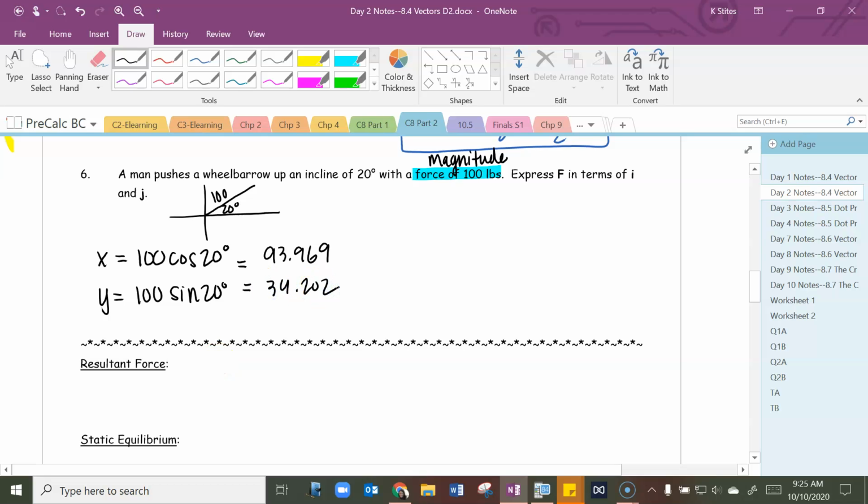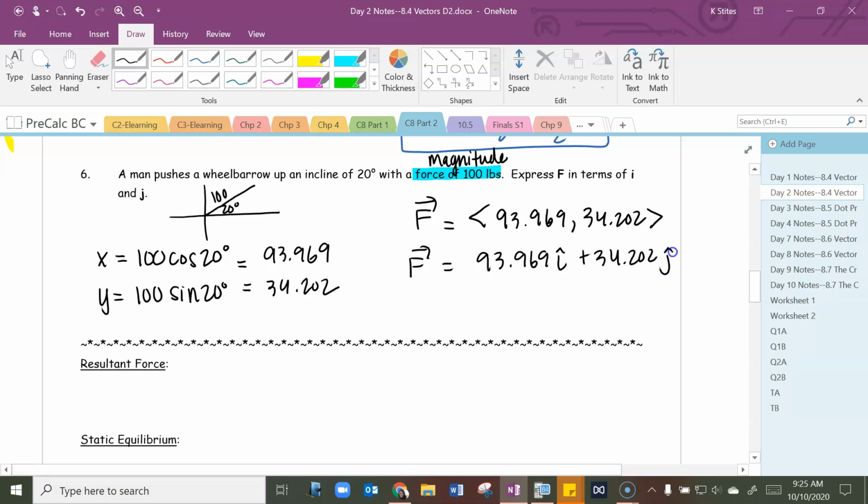Okay, and then you can go ahead and write it either like this, or we can write it like this, 93.969i plus 34.202j. So that is telling you the x distance and the y distance that it was moved over and up.